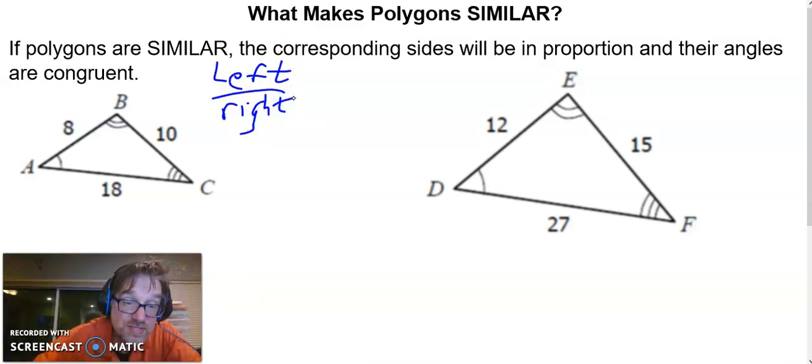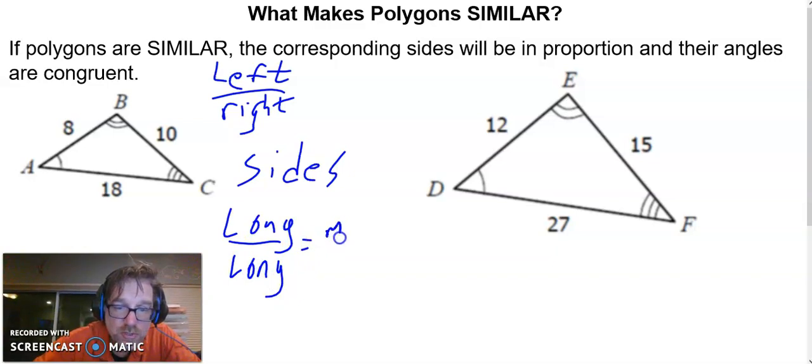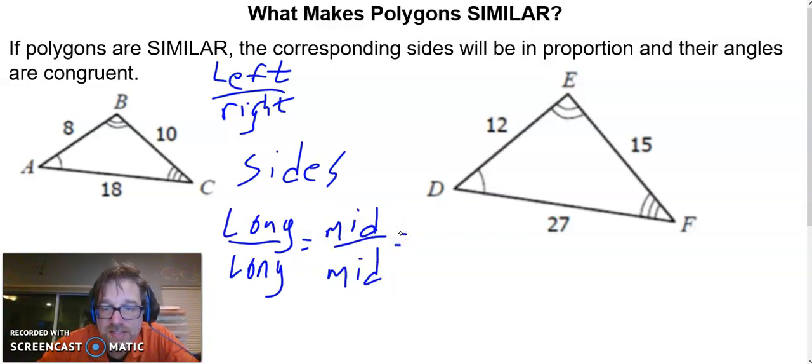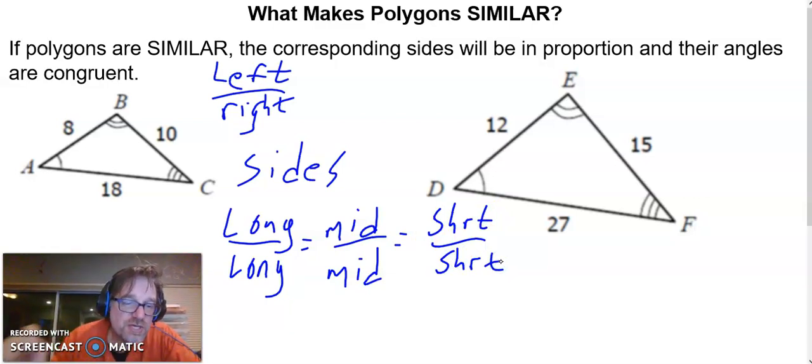And for our sides, this is important: I am going to do long side on the left over long side on the right, and that is going to equal the middle length on the left over the middle length on the right, and that needs to equal the short side on the left over the short side on the right. Now, if all three of these fractions are the same, then my sides are what we call in proportion. So this is what we're checking, that our sides are in proportion.